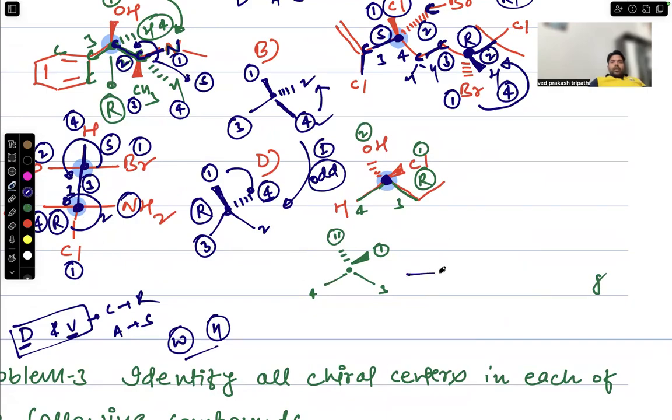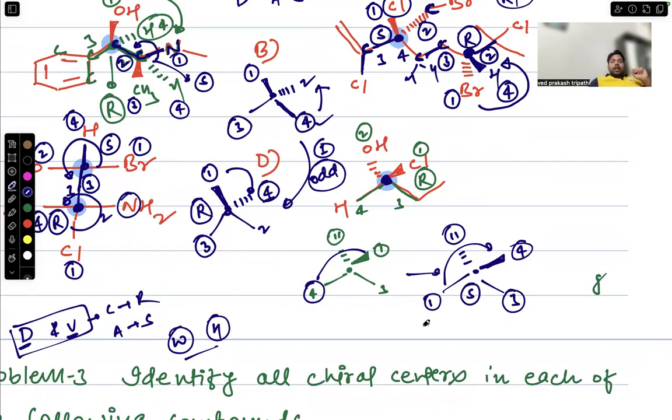I'm going to keep my 4th priority on the wedge. So dash second, wedge would be my 4th. So this would be 1 and here 3. So 1 to 2 going clock. Generally clock is R but the lowest is on the wedge. So this is S. And I said that whatever answer you have, just flip. So S becomes R. Make sense?